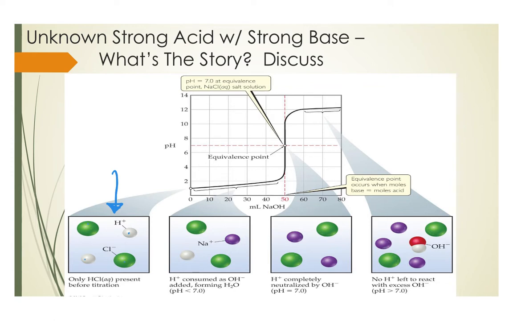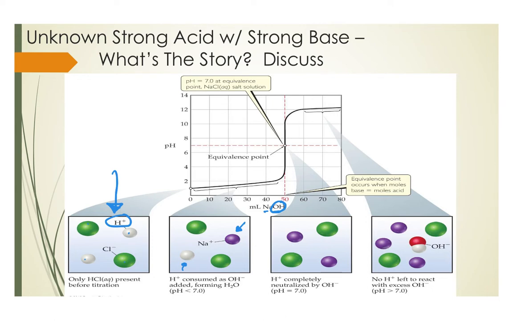Then, as I start to add the NaOH, that's our strong base, the OH- is going to react with the H+ to make water. So what does that mean? Well, it means that we have less and less H+, and we have some Na+ now appearing in the solution that was left over after the OH- reacted with the H+.